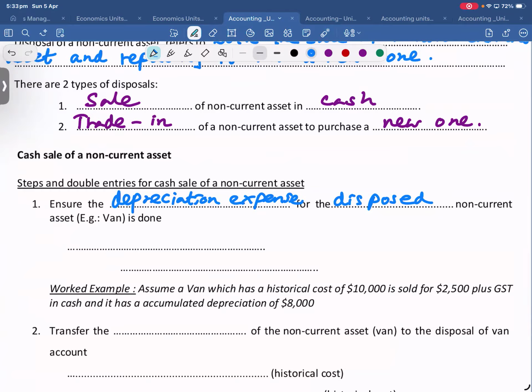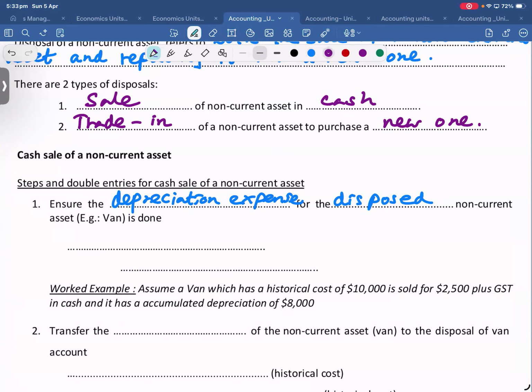What's the double entry for depreciation? Yes, remember? Depreciation debit, accumulated credit. Good.